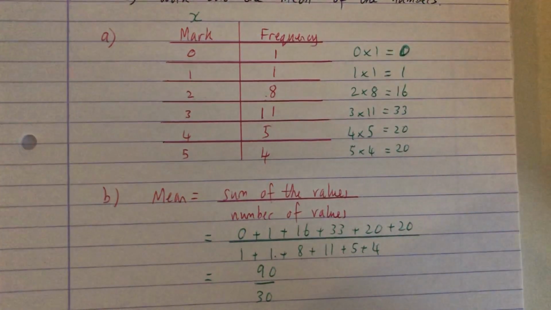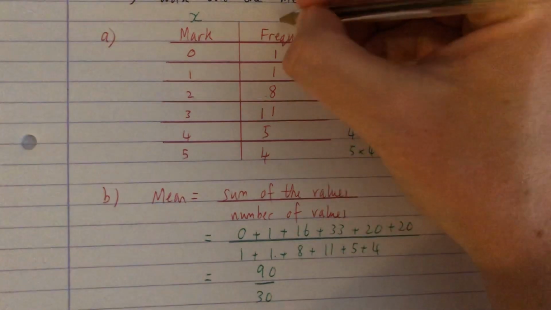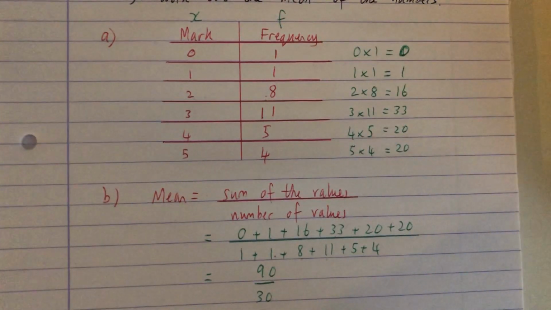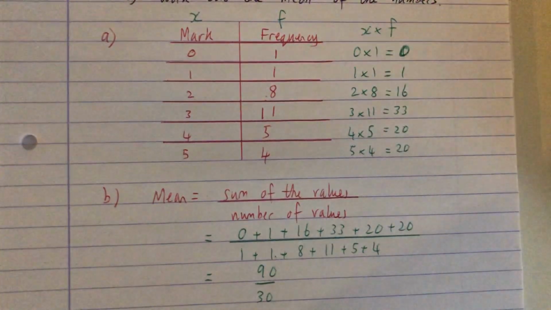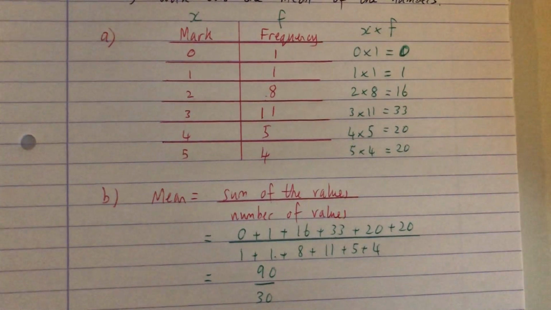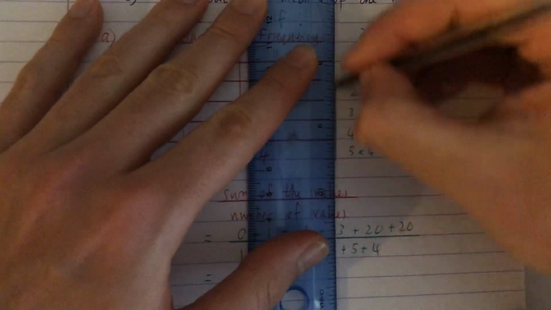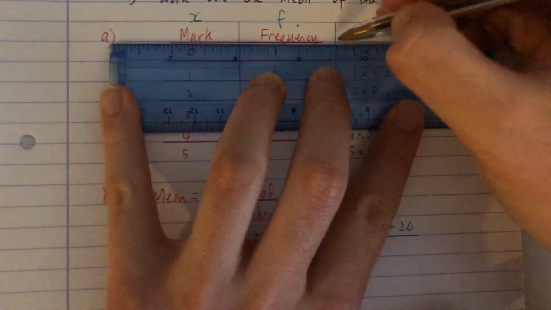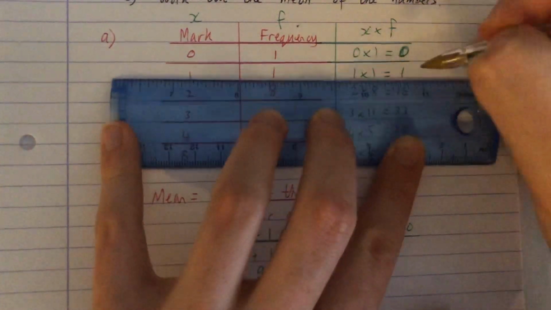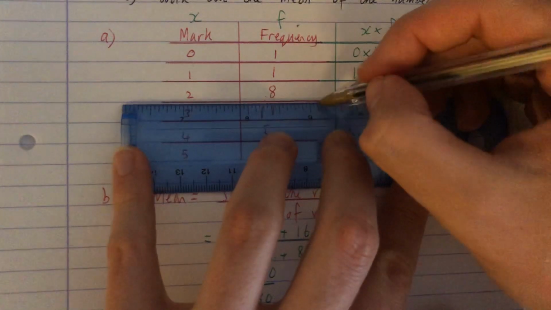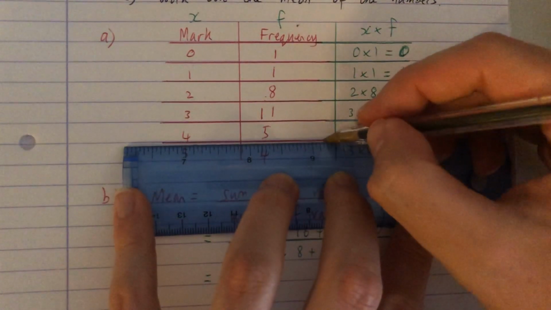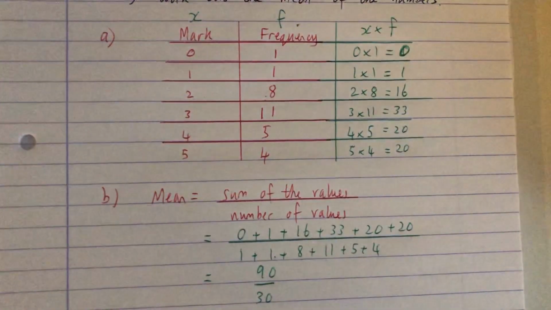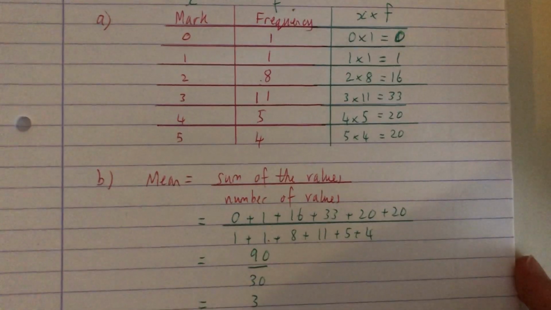That second column, sometimes people call it F for frequency. And this third column is whatever the first column times F is. I call it the X times F column, or the F times X column. You have to add that in, okay?